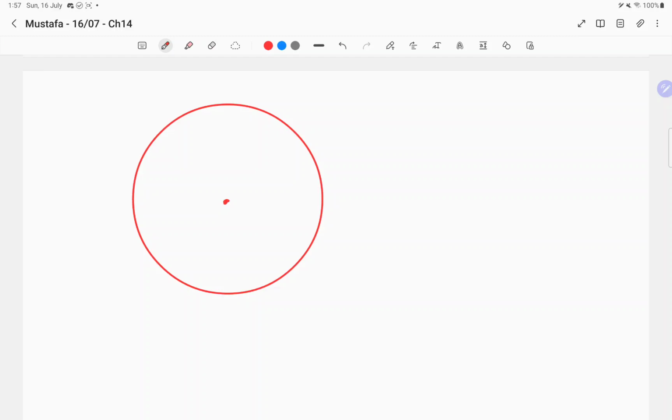A segment: the part of the circle that is between a chord and the circumference. All right, show me where it is. Here. You mean a point? Part of a circle that is between a chord and the circumference.